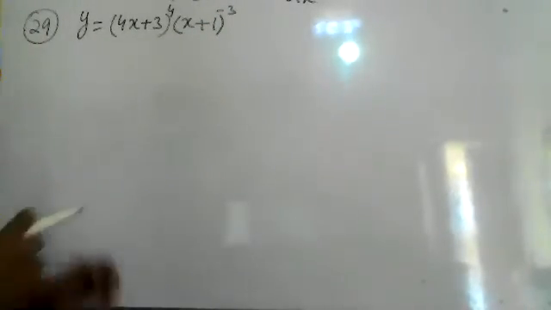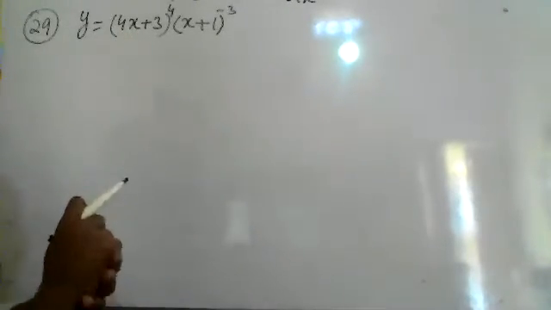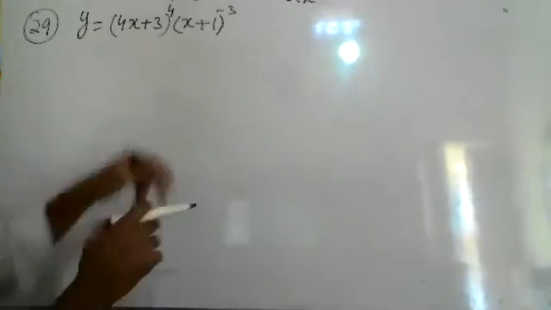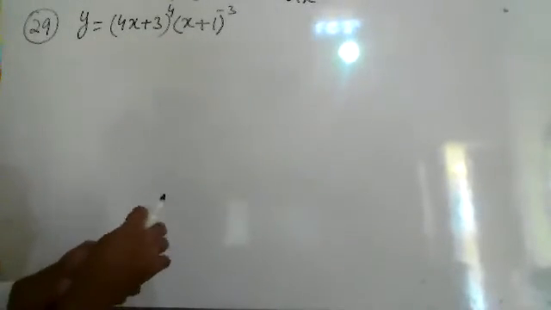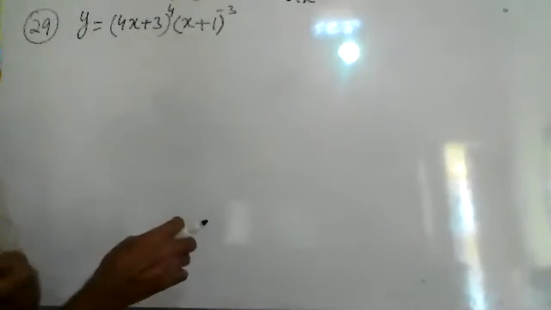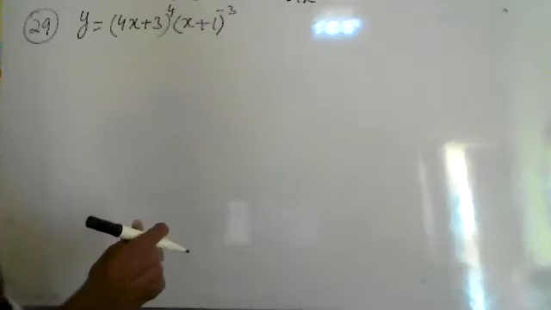So we'll find the derivative with respect to x. Y is a function of x. With respect to x, we can find the derivative. So this is u into v. Again, the two functions are being multiplied. So we will use the formula of u into v because the two functions are being multiplied.